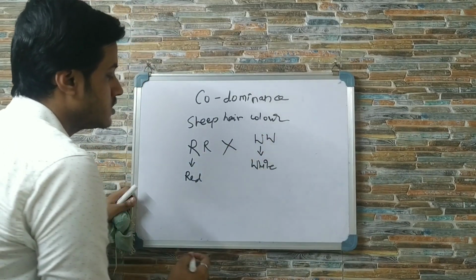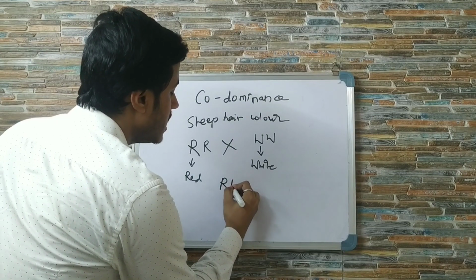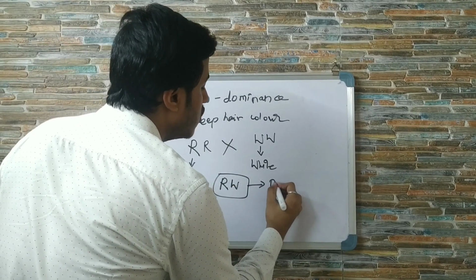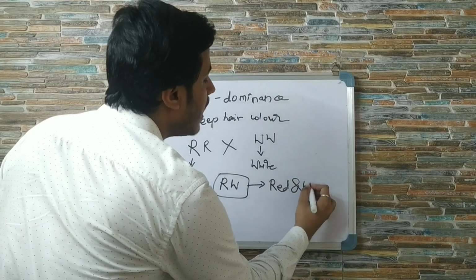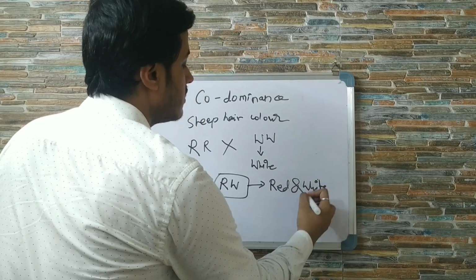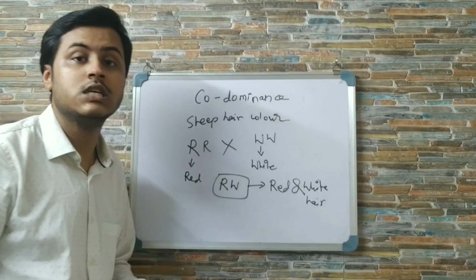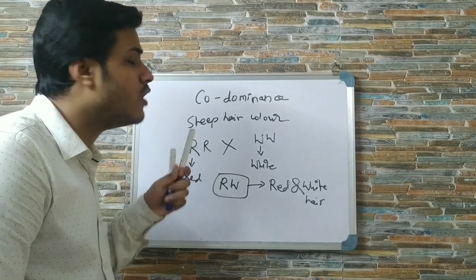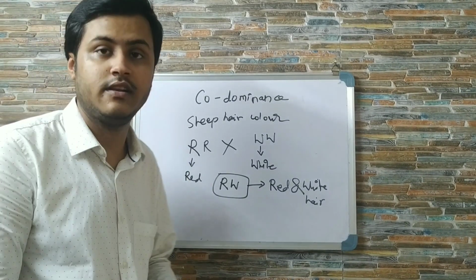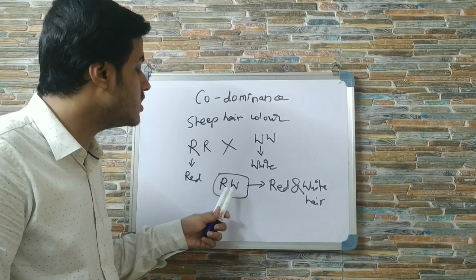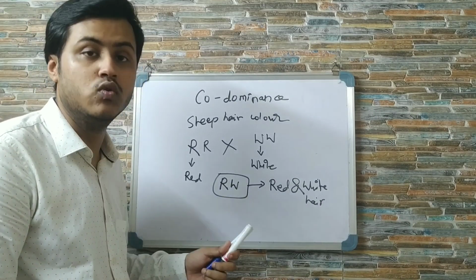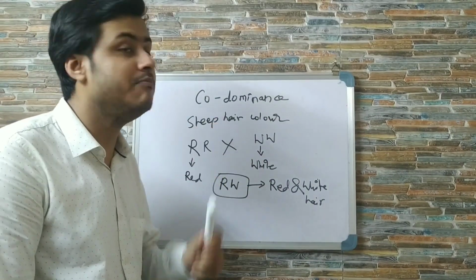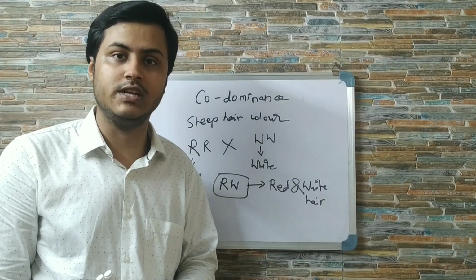Now, if there is a cross, the hybrid progeny RW actually has both red and white hair color, which is contrasting with respect to Mendel's law, where only one was being expressed, that was red. Here you can see I have written both as capital R and W because both are equally being expressed. This is what I mean when I say codominance.